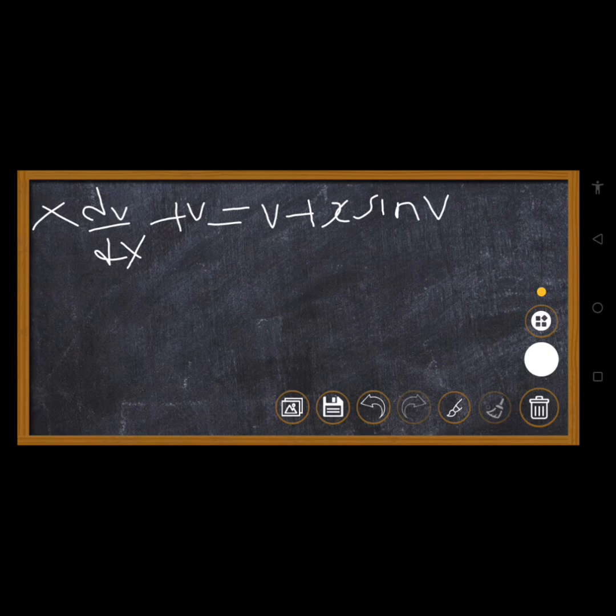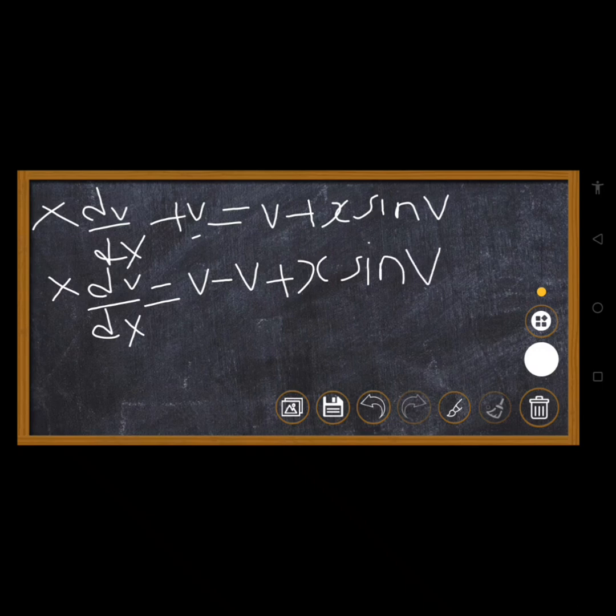Okay, so let's take the v to the right side. Of course, here we are going to remain with x dv over dx equals to v. When we take this to the right, we are going to have negative of that, so here we have x sine of v. This and that will be subtracted, so we just remain with x dv over dx equals to x sine of v.